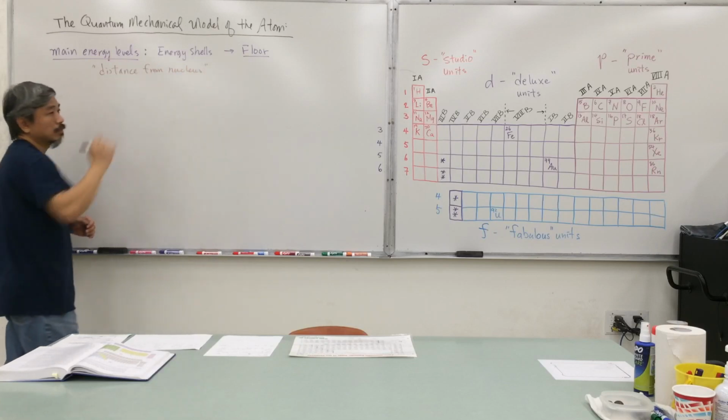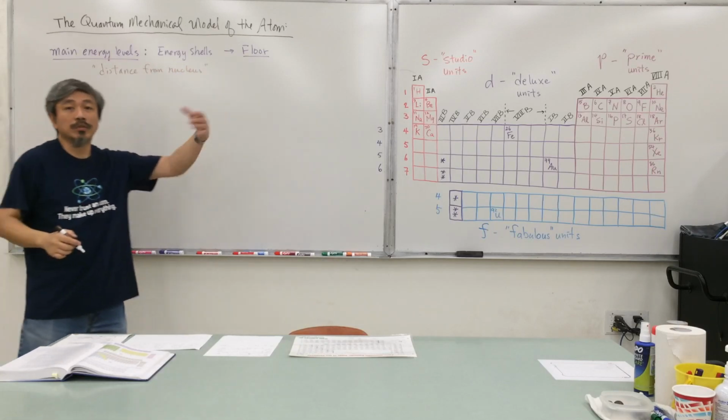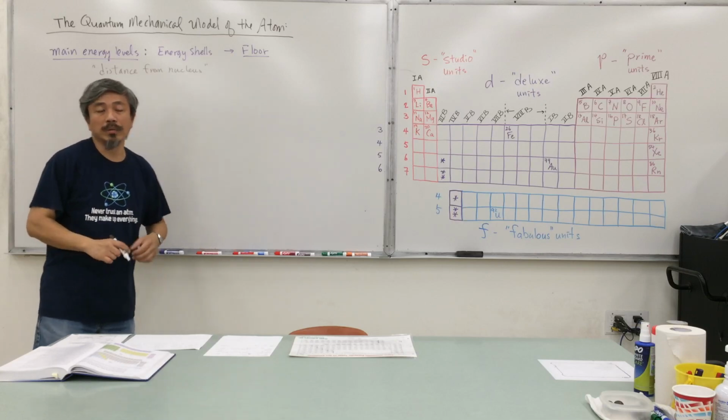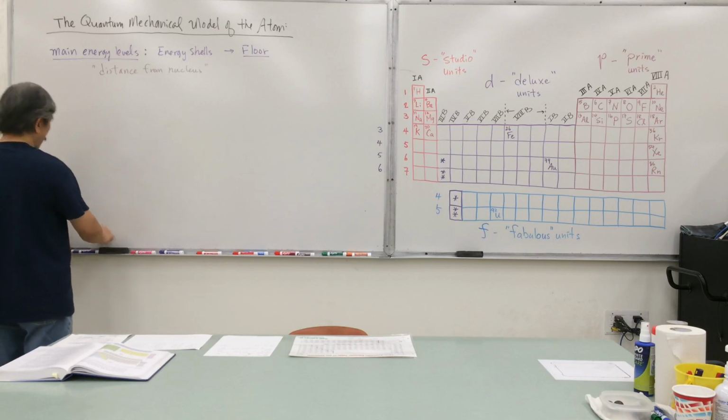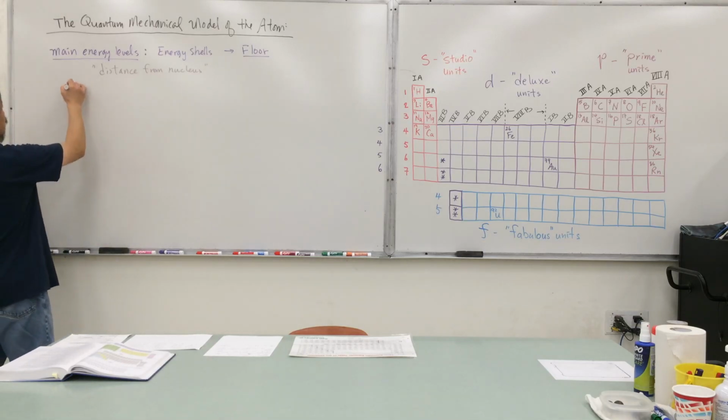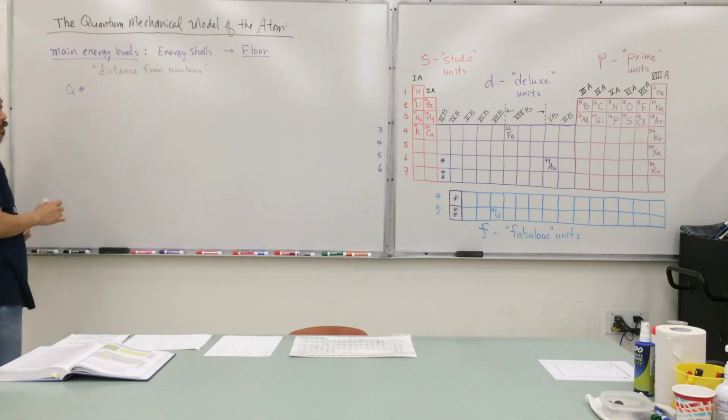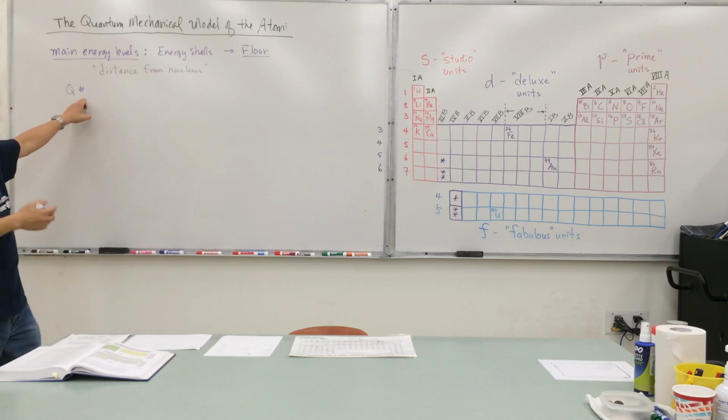The farther away you are, the greater the floor numbers, and so on and so forth. And to keep track of this, you're going to be using a quantum number. In this first case, you can just use Q with the number sign.